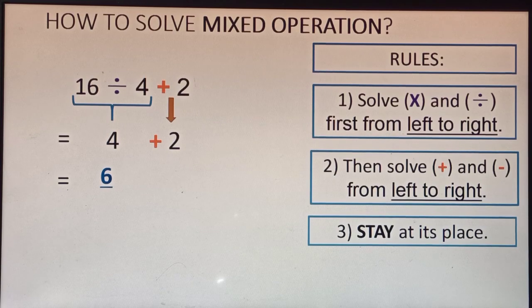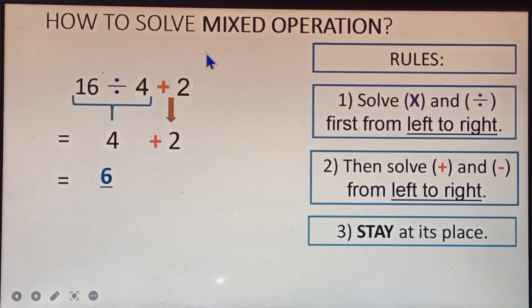Alright, so once again, mix, kalau ada gabungan 4 operation, which is multiplication, divide, plus and minus, we have to, number 1, solve dulu yang ada kali and divide. Lepas itu, baru kita selesaikan campur and minus. Okay. From left to right. Jangan lupa, from left to right.